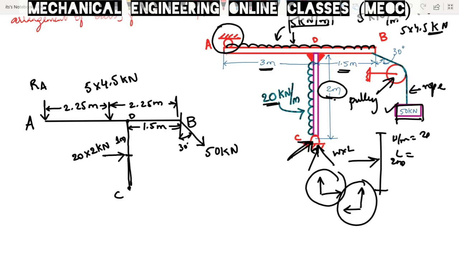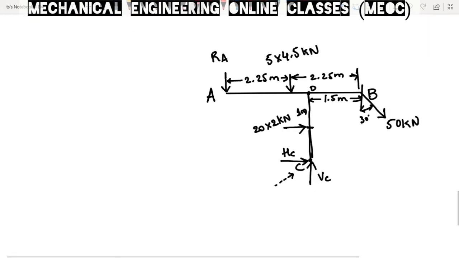But in the video lecture on FBD, we have already learned that if we do not know the sense of reaction at a support, we may assume. So I am assuming this particular case. My horizontal and vertical components will be like this. At C, let the horizontal component be HC and this be VC. This is my assumption. So here completes the FBD of the entire part.